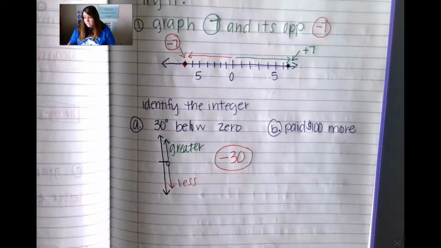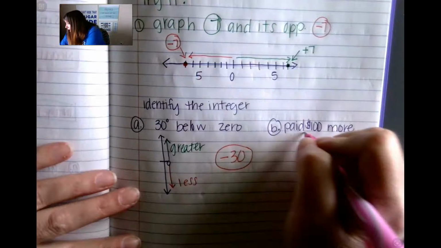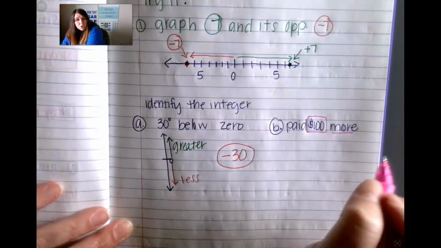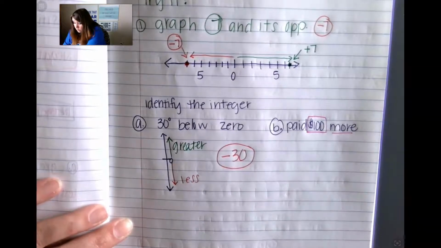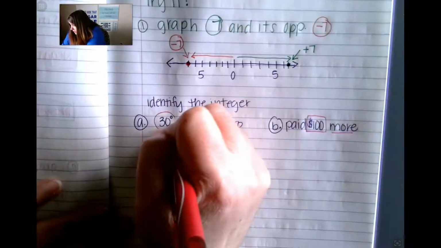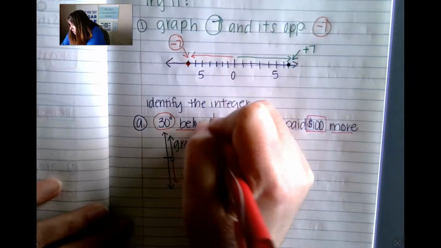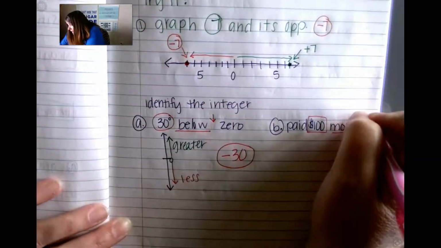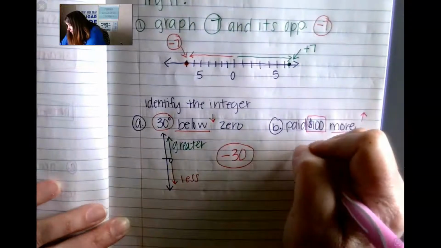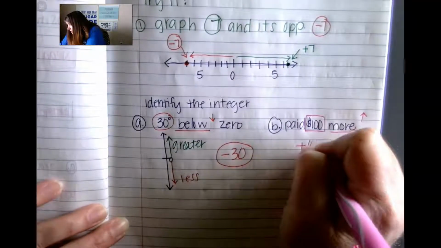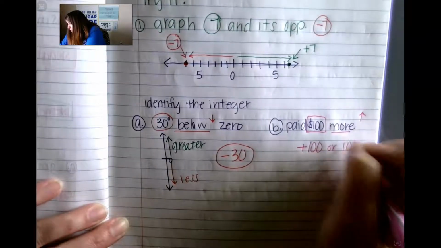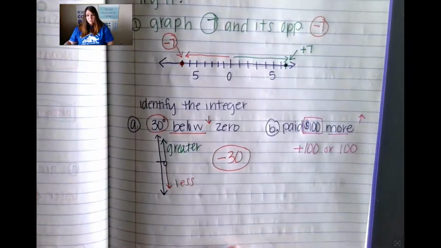Well, 100 is the number that we're looking at, and more tells us that we're going to be bigger. Over here, 30 was our number, and below told us to go down. So more means plus or extra. So this would be an integer that looks like plus 100 or just a normal 100.